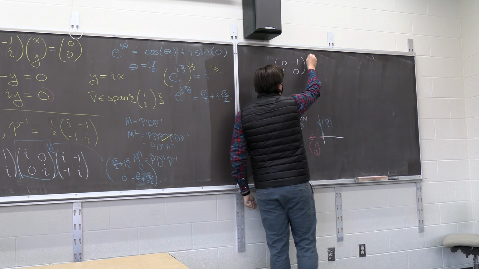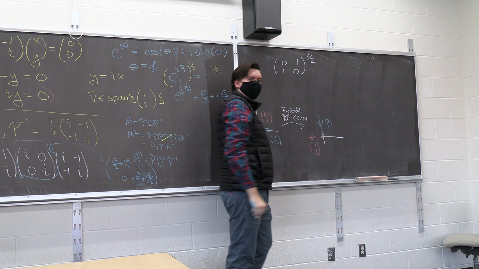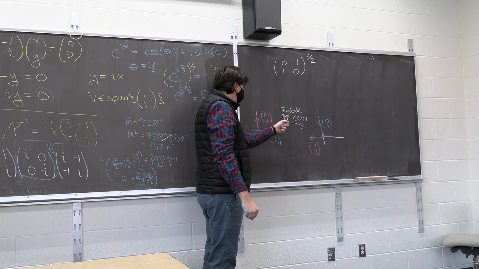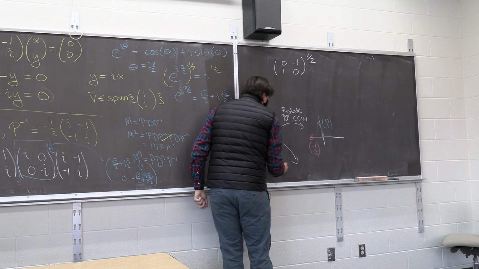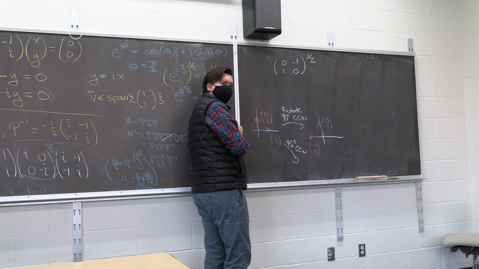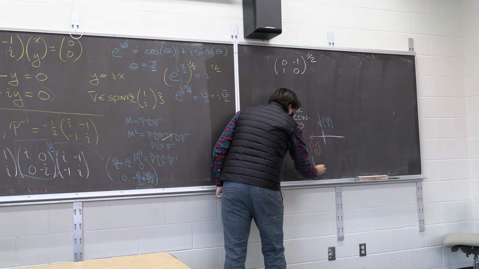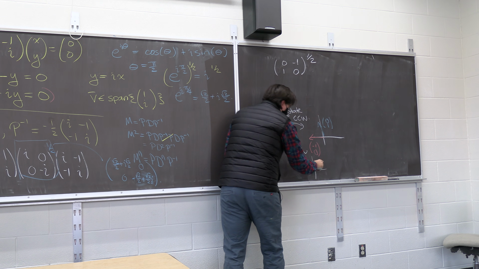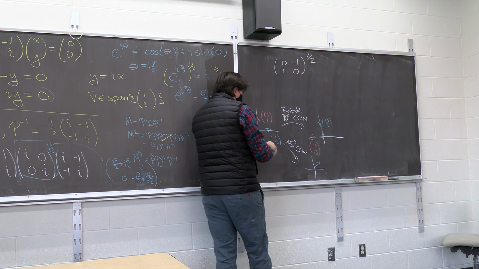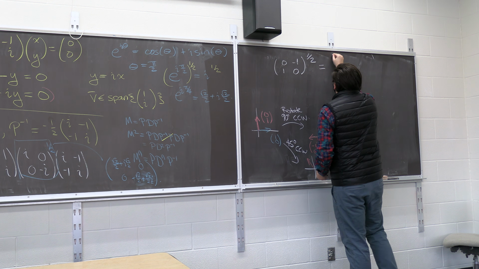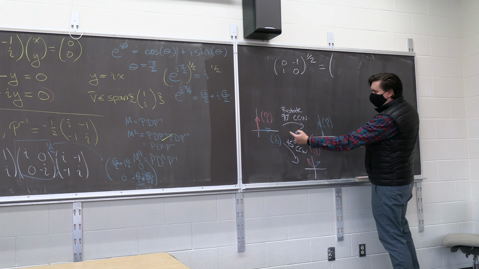So like, what is this matrix to the 1/2 power then? Yeah, it's not rotating by 90 degrees, but we're just asking, what is the matrix that rotates by 45 degrees counterclockwise? And so it's like, well, what does that matrix look like? Well, 1, 0 will get sent here. And 0, 1 will get sent here. So where does your 1, 0 get sent?